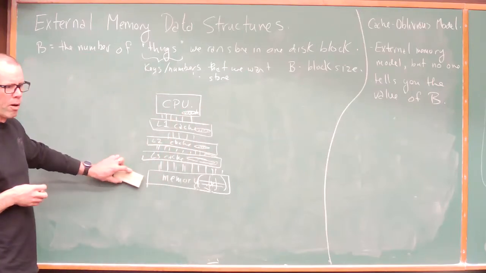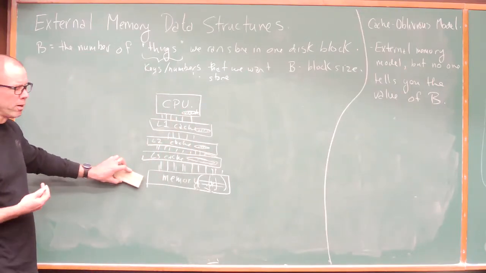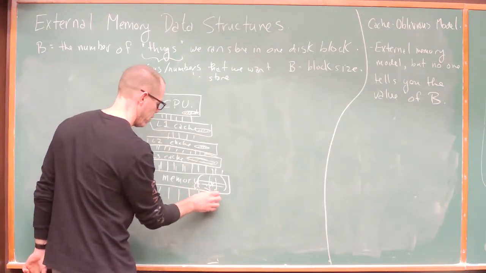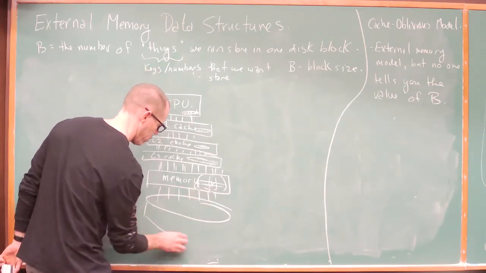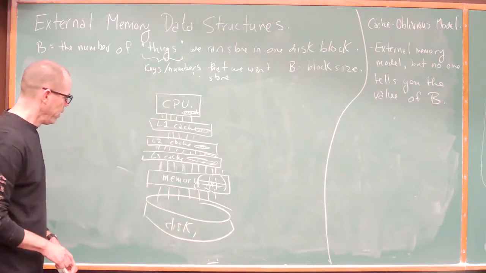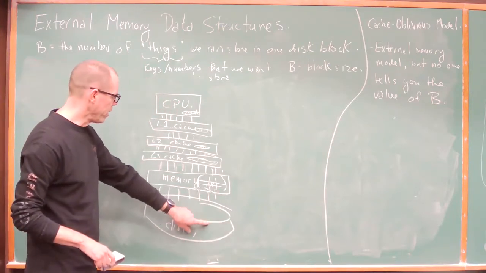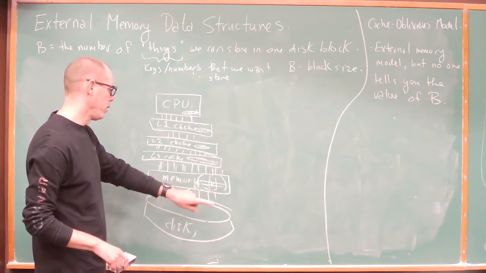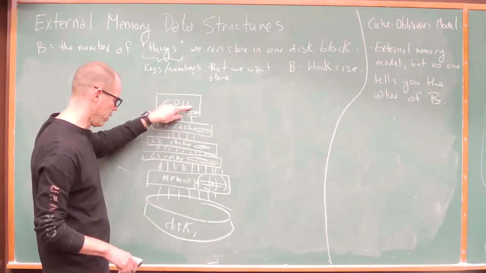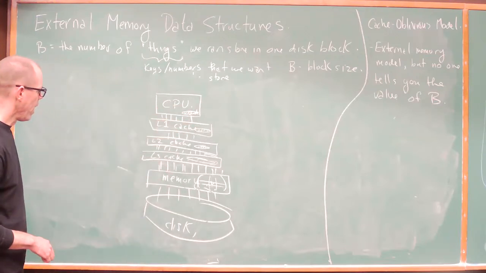And this is just what we think of as the internal memory model. We haven't even talked about stuff that lives on disk. From disk, you have to read a disk block into memory. If you want something in that disk block, it goes to the L1 cache, L2, L3, and so on, all the way up to here.